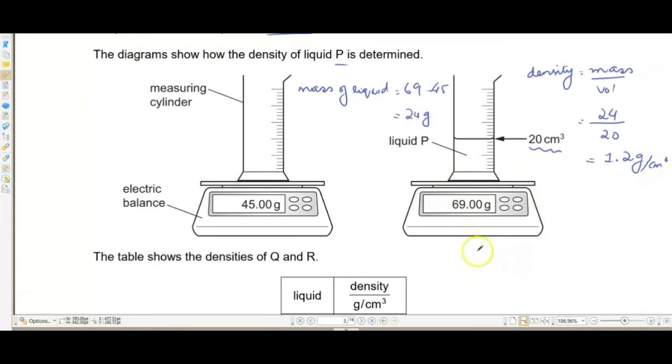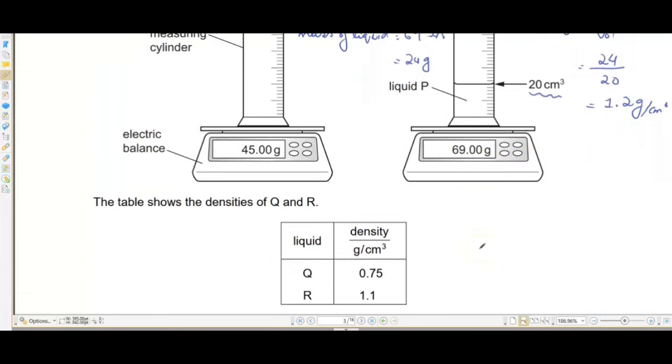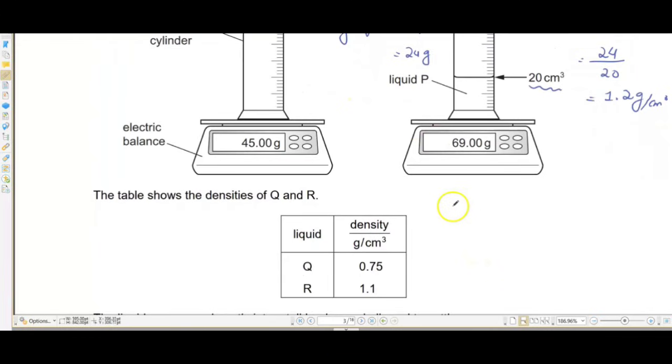Okay? So now we know the density of all the three liquids. The density of P is 1.2 grams per centimeter cubed, of Q is 0.75 grams per centimeter cubed, and of R is 1.1 grams per centimeter cubed. So now we know that the liquid which is the most dense is going to be at the bottom, and so on.